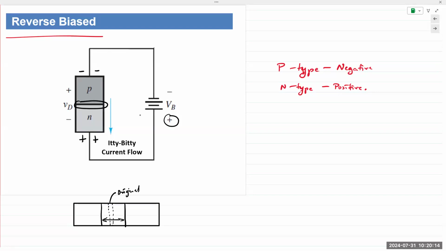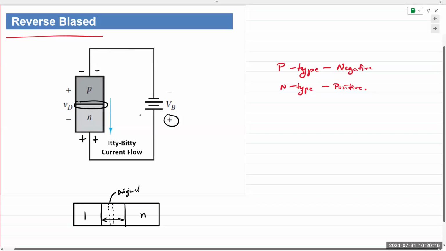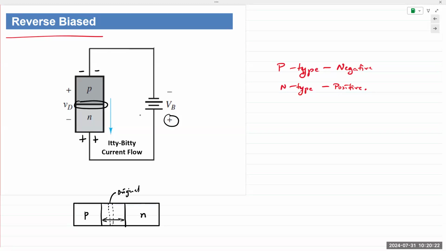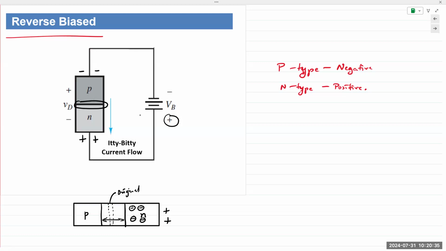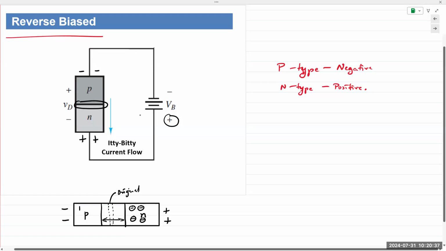It's because you have an n-type material and a p-type, meaning you have electrons here and you're applying a positive charge at that terminal. So it attracts the electrons, and at this side, you're applying a negative charge, and so it attracts the positively charged holes.